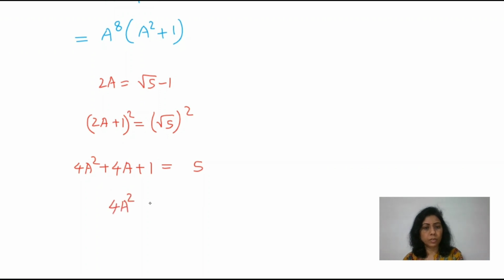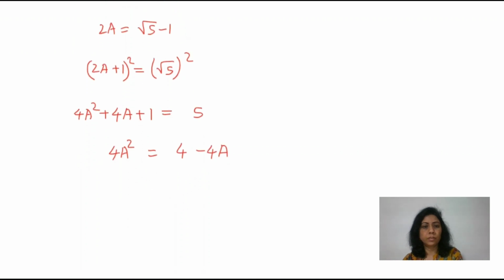Because we have to find a², we transfer the other terms: 5 − 1, which is 4, and minus 4a. Dividing the whole equation by 4, we get a² = 1 − a. This is the a² value.